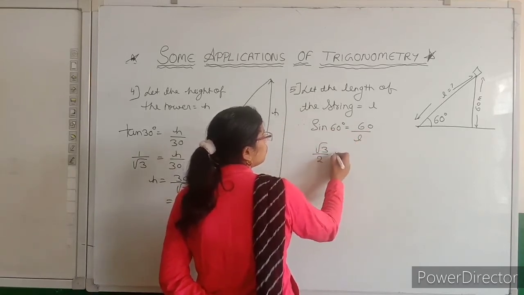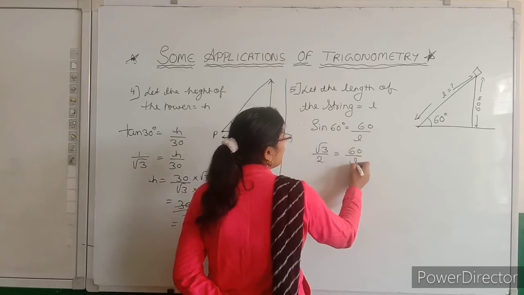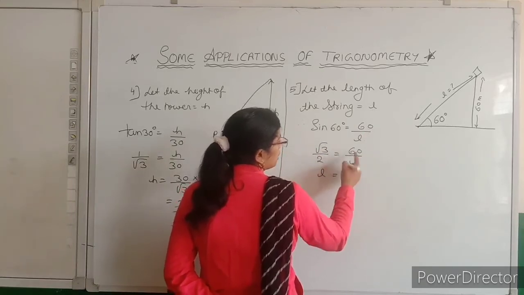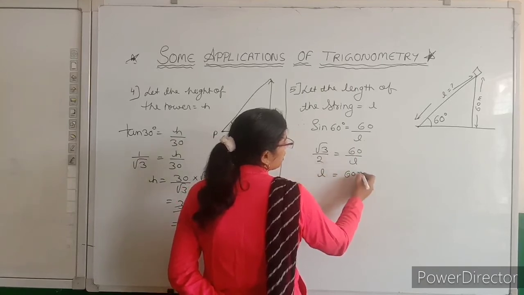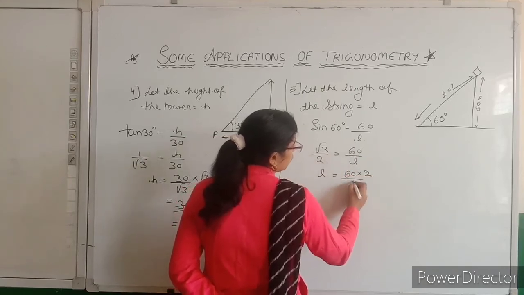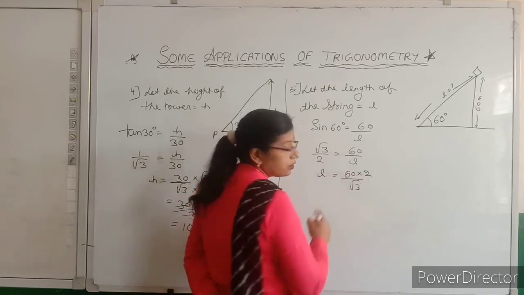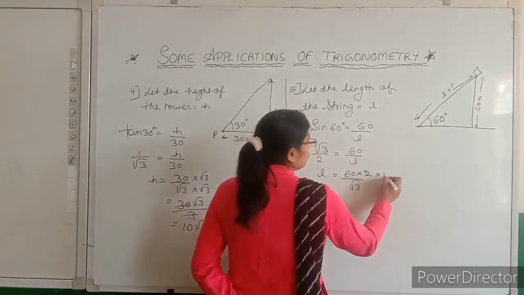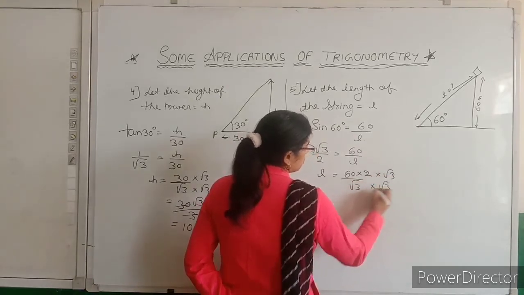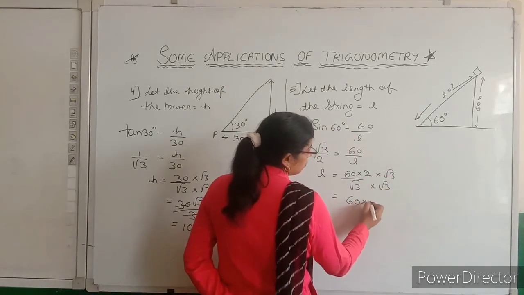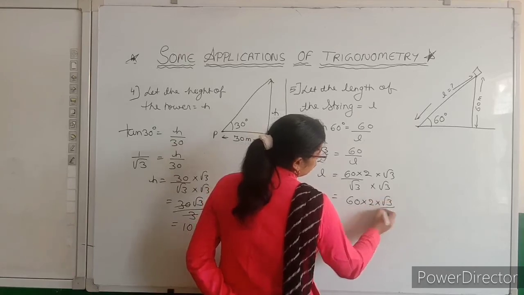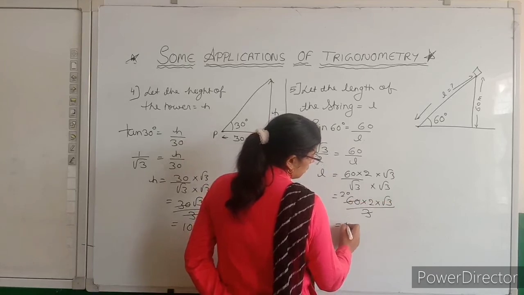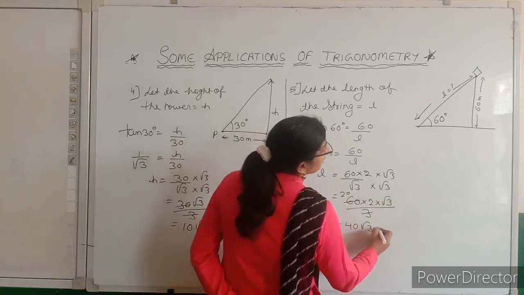Root 3 upon 2 is equals to 60 upon L. Cross multiply. So L you will bring here, and put 60 here. Denominator will come in numerator and root 3 will go down. Now what to do? Rationalize the denominator, because whenever a root is in the denominator, we multiply by root 3 and root 3. So what will you get? 60 into 2 into root 3, and root 3 into root 3 is 3. 3 twos are 6 and 0, so this will come 40 root 3 meter.